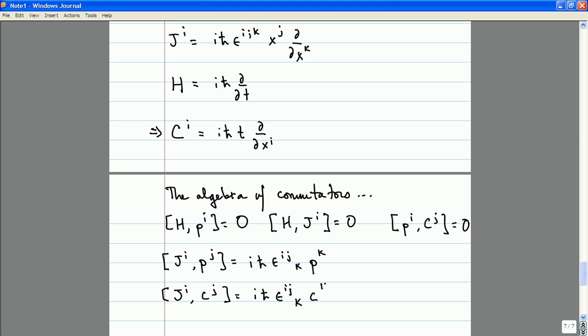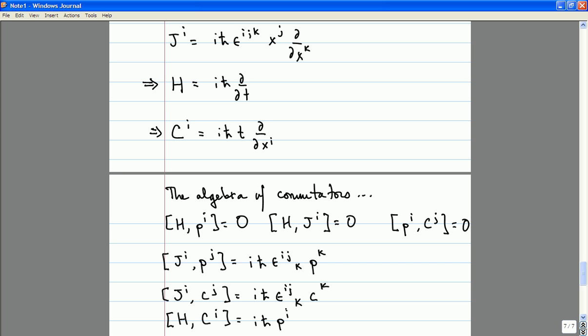And finally, H with C_i, what is that? Well, we can just work that out quite explicitly by comparing the equation for H with the equation for C, because you've got a t appearing in C and a d/dt appearing in H. So that's just i ħ times, the d/dt kills the t, and we get d/dx. So this is P_i.